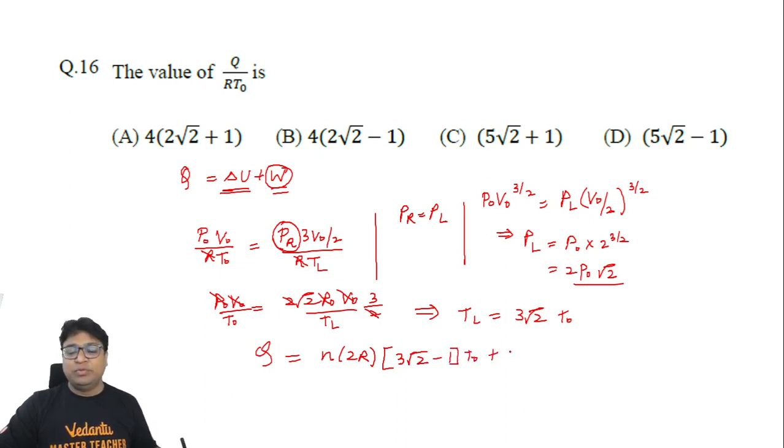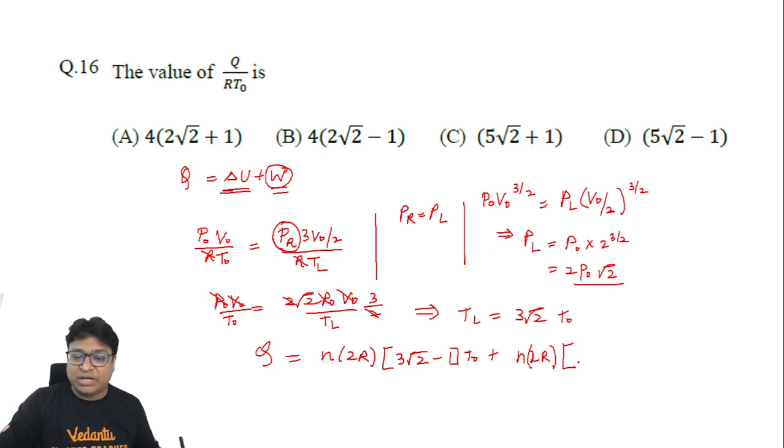Then W will be equal to mod of W right. And for an adiabatic process, the work done is the same as the mod of change in internal energy. So I'm going to write n into CV, that is 2R, into change in temperature, so that would be TR minus T naught.